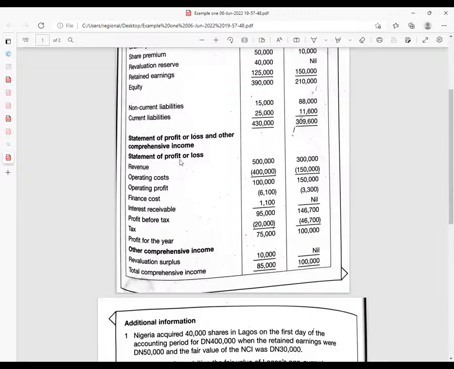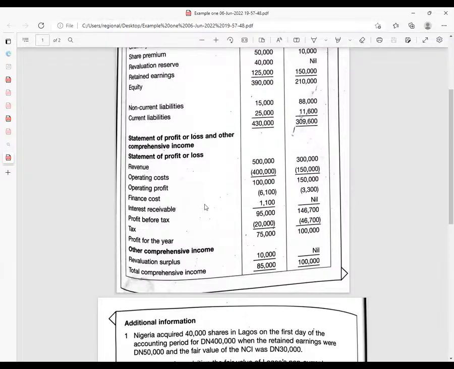First we have the statement of profit or loss, and then other comprehensive income. Under other comprehensive income, I have revaluation, and then the foreign currency exchange, which also falls under other comprehensive income.